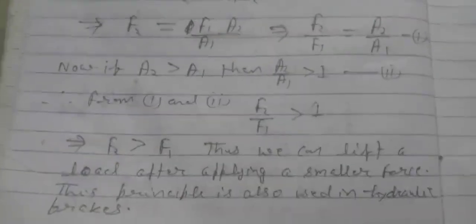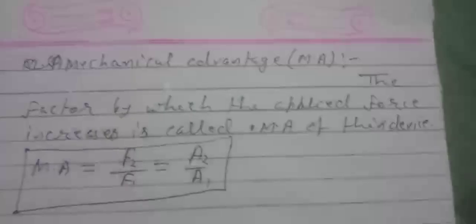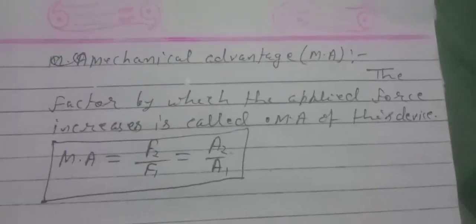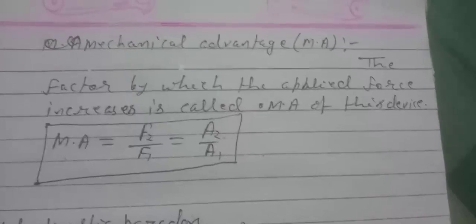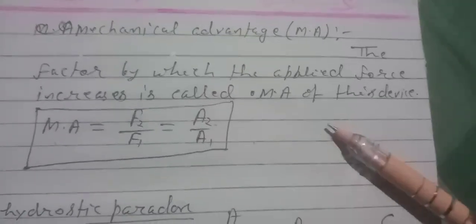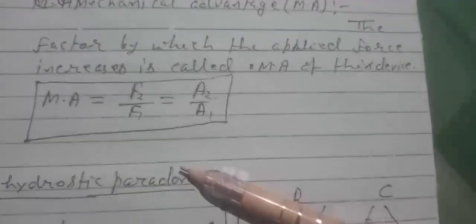So we apply a small force, and the force transmitted here will be greater than F1. So this principle is used in the hydraulic lift. Mechanical advantage, MA. The factor by which the applied force increases is called the MA of this device. MA equals F2 by F1 equals A2 by A1.